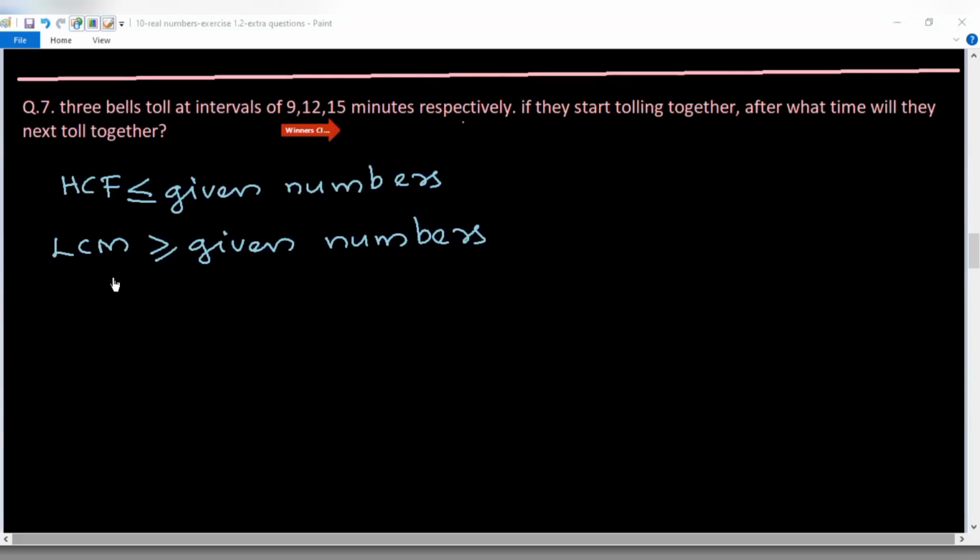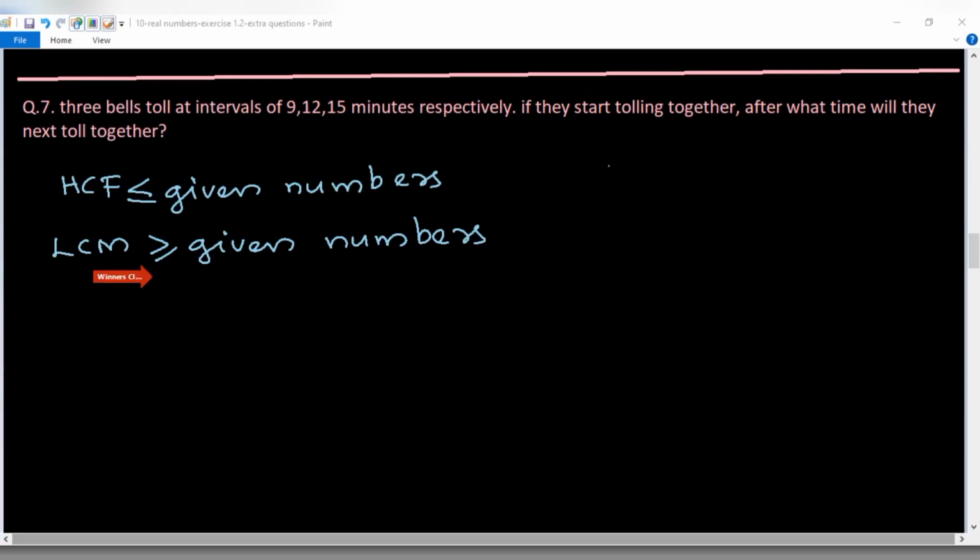That means we are searching for the LCM. If the number we are thinking of is less than any of the given numbers, less than the numbers means it is HCF. Now we are searching for a number which is greater than these three numbers. That means we are searching for the LCM.